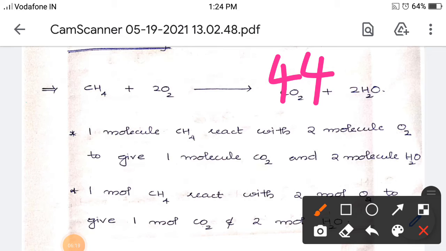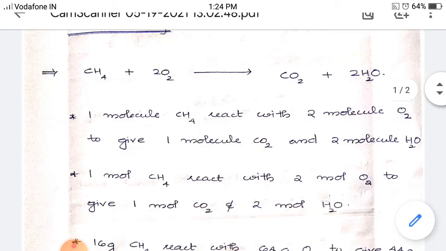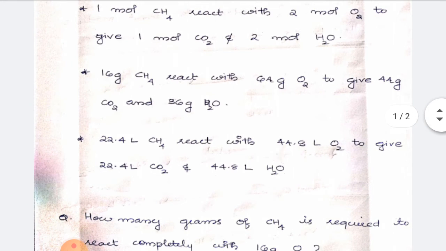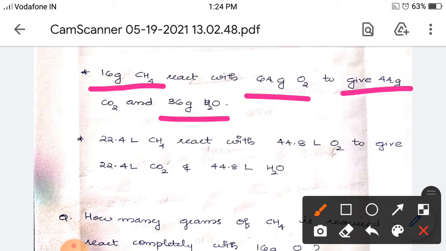That is the molar mass of carbon dioxide. And for 2H2O, 18 gram is the molecular mass of 1 molecule of H2O. Here 2, that is 18 into 2, is the answer for H2O. Okay, fine. So here you can see we are expressing 16 gram CH4 reacts with 64 gram O2 to give 44 gram carbon dioxide and 36 gram H2O. That is, 36 means 18 into 2.